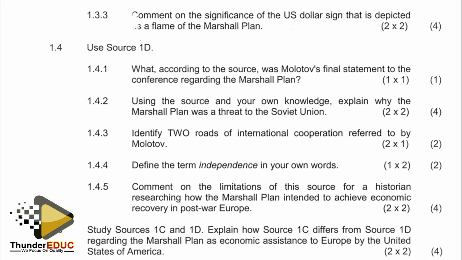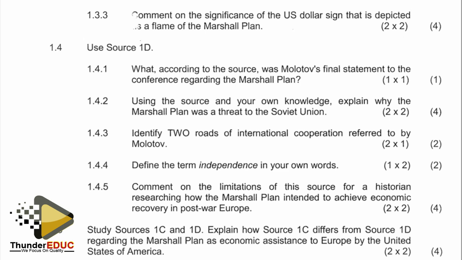The first reason, if you are tracing the background, is that the Marshall Plan was introduced by the capitalist world, whilst the USSR was trying to further its interest of communism. So why was it a threat to the USSR that the US had introduced a plan to assist other countries?